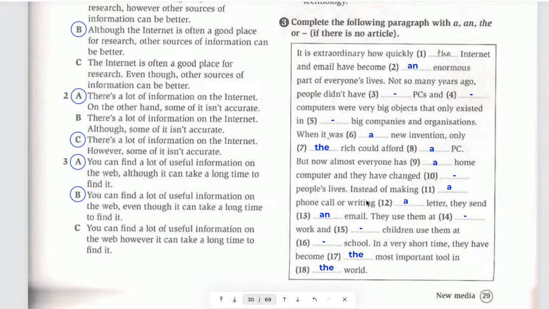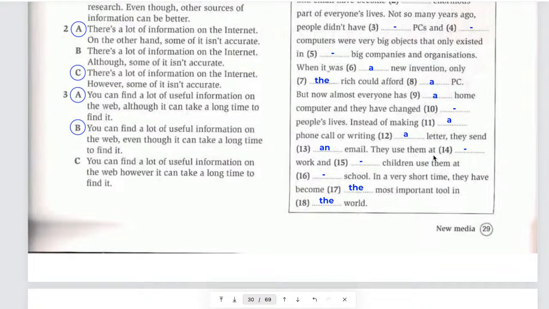Number 12. Writing what? A letter. The explanation is the same. Okay. They sent 13. They send an email. Also the same explanation. Next one, 14. They use them at work. Why is that?